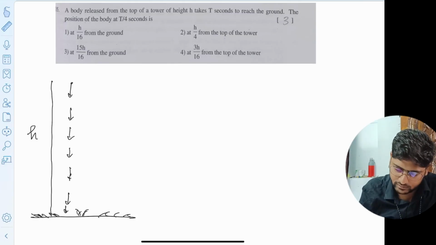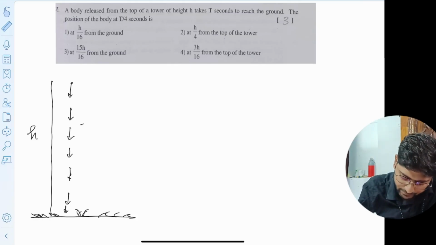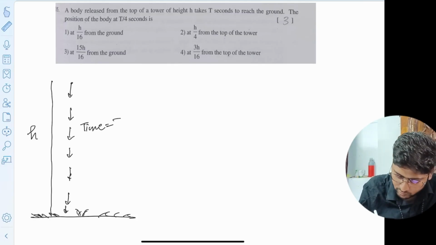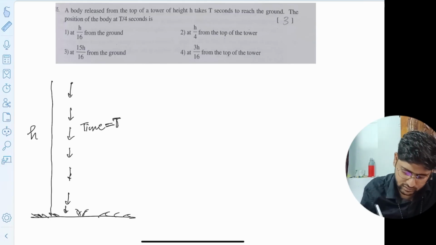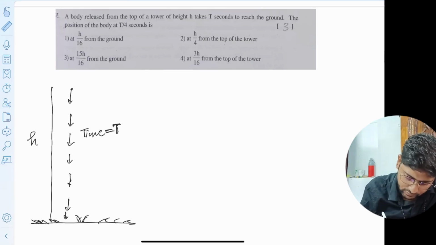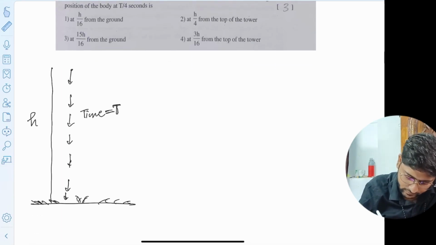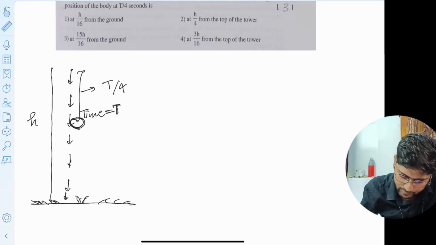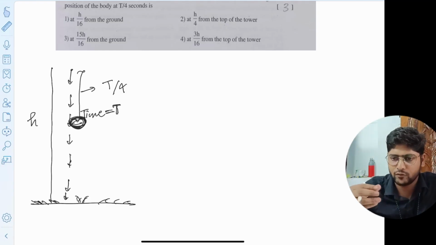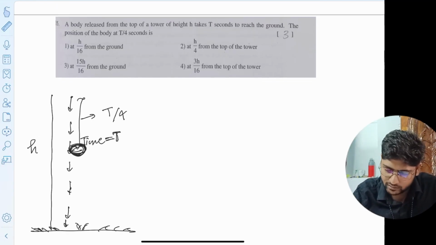It takes total time equal to capital T to fall. So the position of the body at time T by 4, suppose from here to here is the time T by 4. When the body is here after time T by 4, we have to calculate the position.